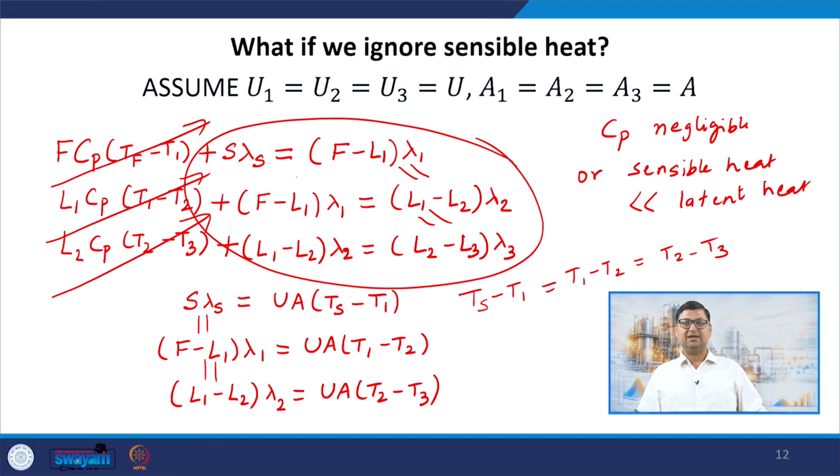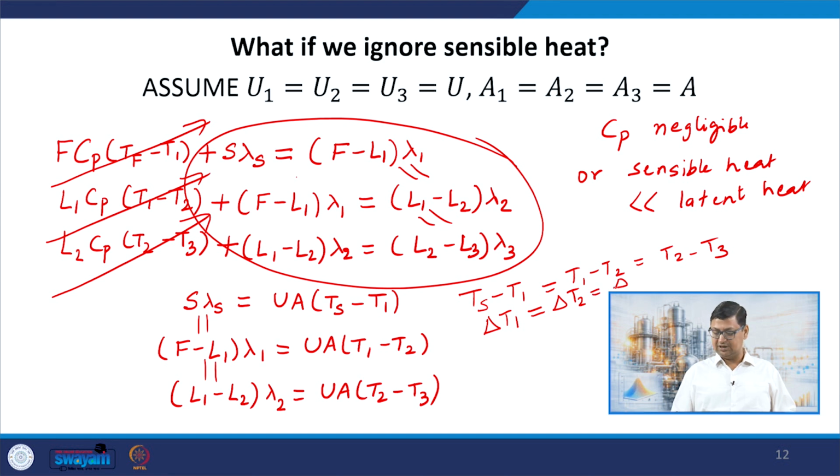So, assuming that there is no sensible heat, the temperature drop which I get in the first effect, the difference between temperature of steam and the liquid, is equal to the temperature drop I can get in the second effect, and is equal to the temperature drop that I can get in the third effect.